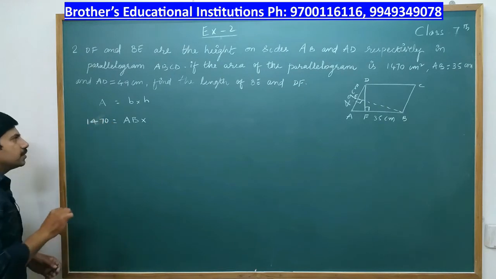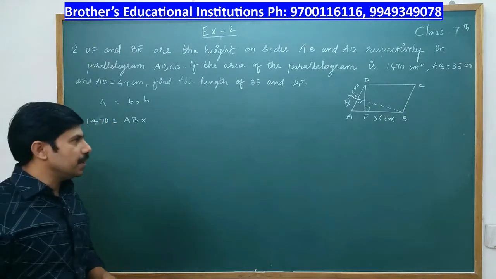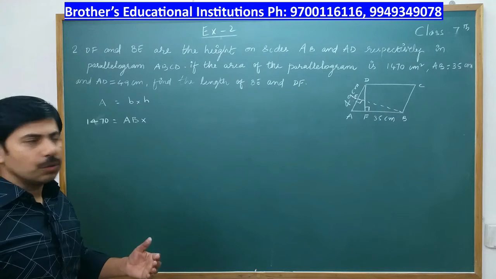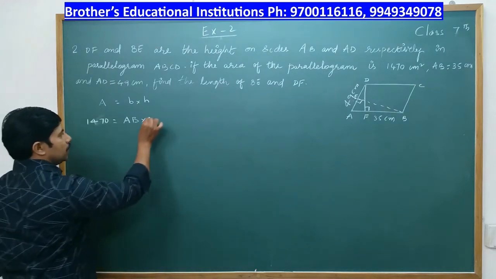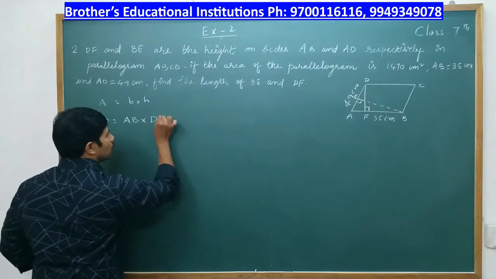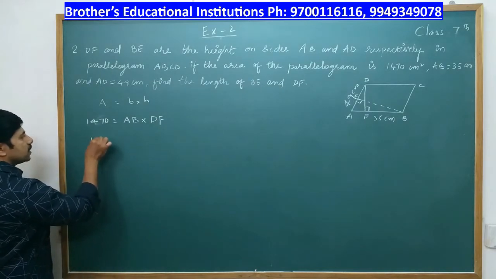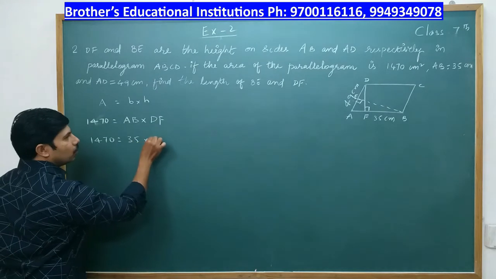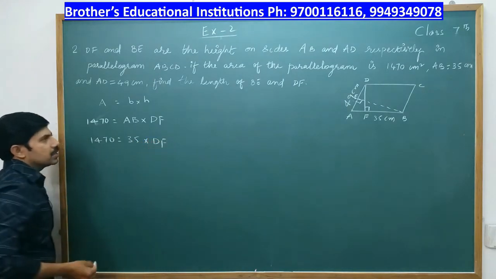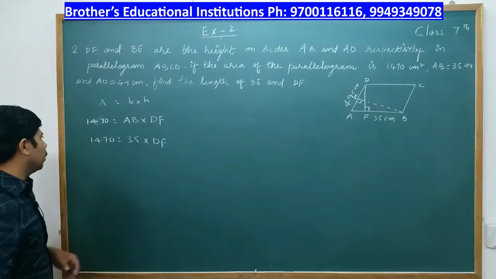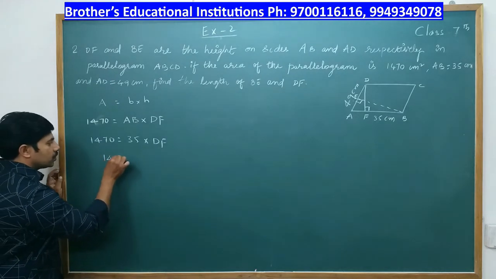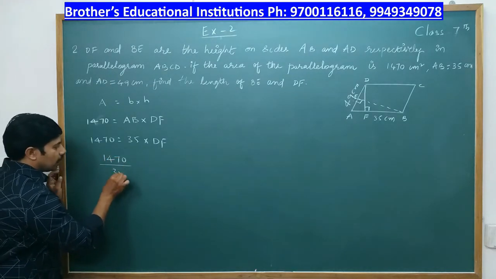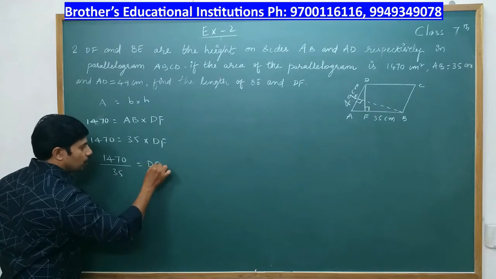A is 1470, base is AB, and the corresponding altitude of AB is nothing but DF. So 1470 is equal to 35 into DF. As we need to find DF, we'll get it now. So 1470 by 35 is equal to DF.